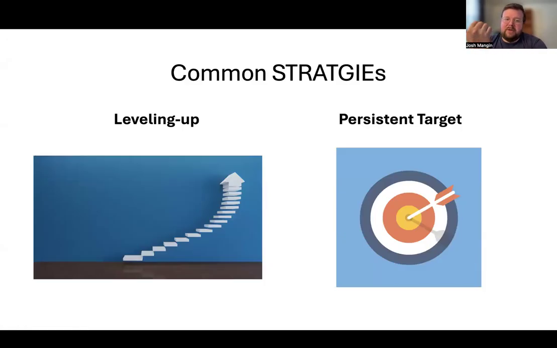So I want to finish too with some common strategies for going for grants. We have these components of leveling up versus persistent targets. What I mean by that: one strategy, especially if we're starting off new in our career or building a new research portfolio, is to start small.